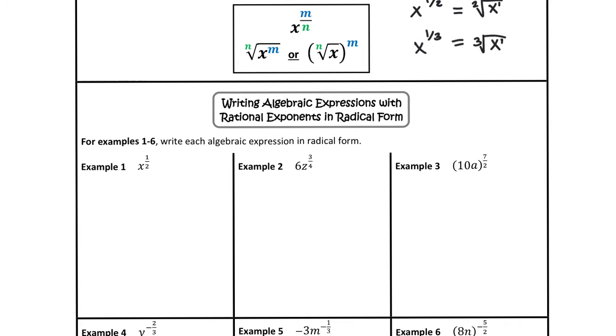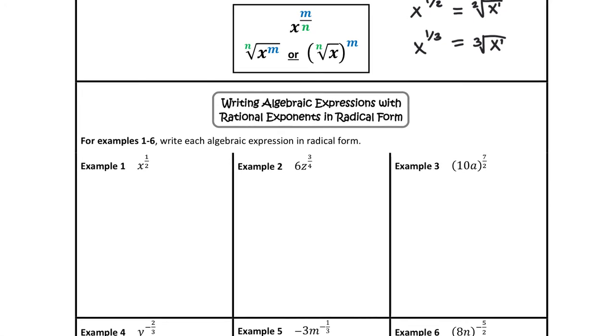Okay, so first off we have x to the power 1/2, which if we use this rule here, all we're saying is that x to the 1/2 power becomes, we can put the denominator in front of the root, but we should know that this just converts to the square root of x.